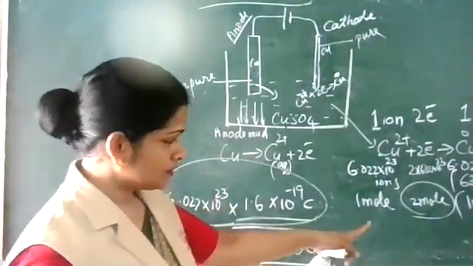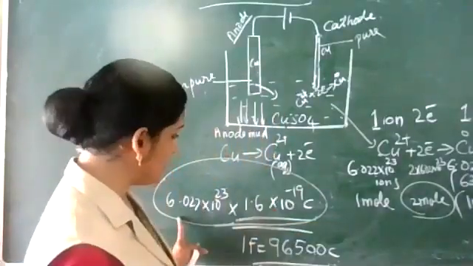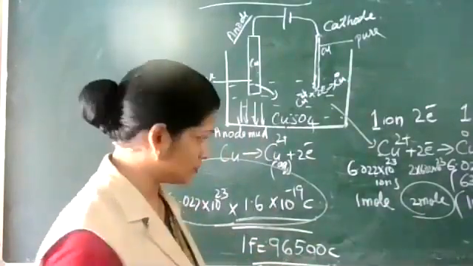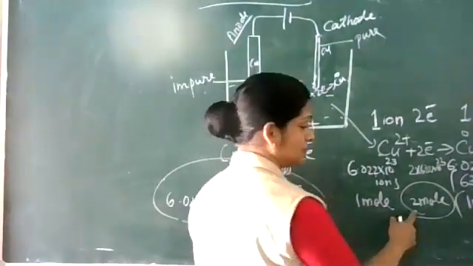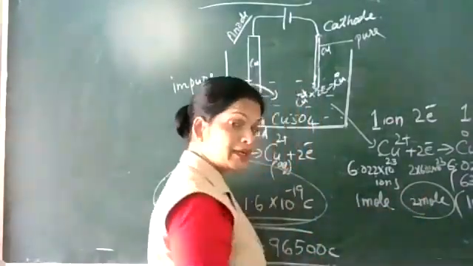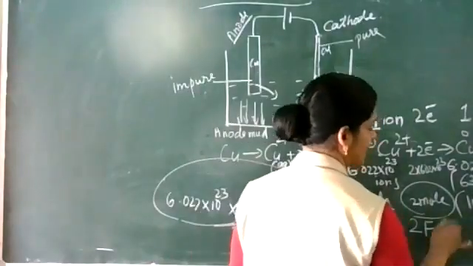But here, not 1 mole, there are 2 moles. 1 mole of electrons' charge is 96,500 coulombs. So here it will be 2 into how much coulombs? 2 into 96,500 coulombs, or I can write 2 Faraday.